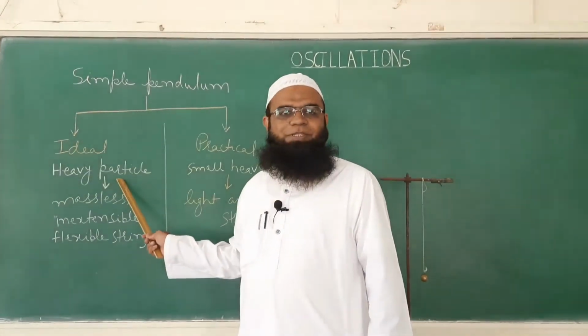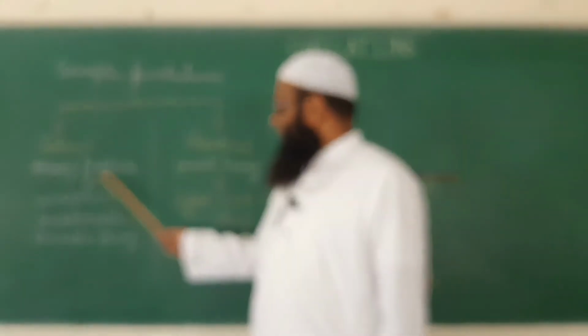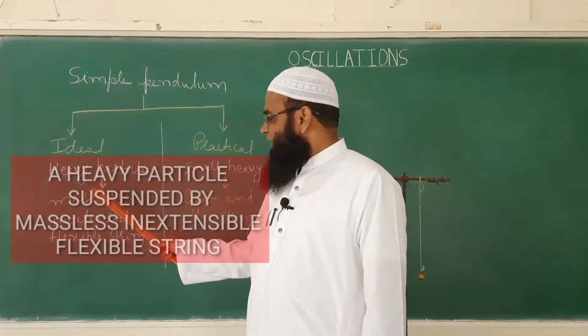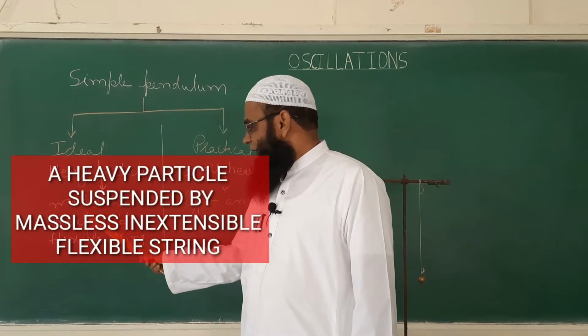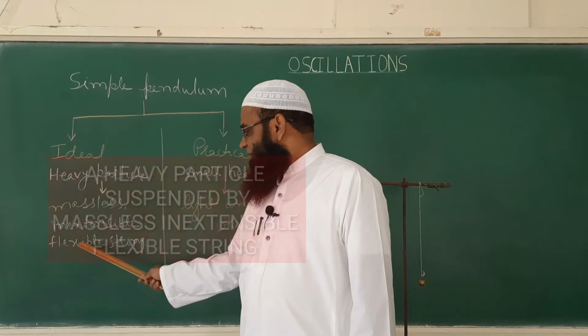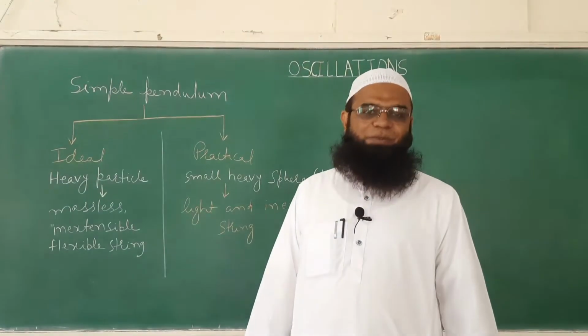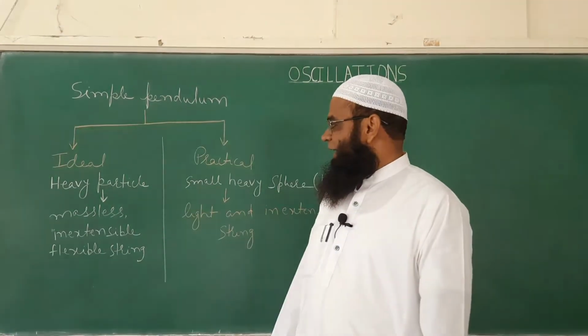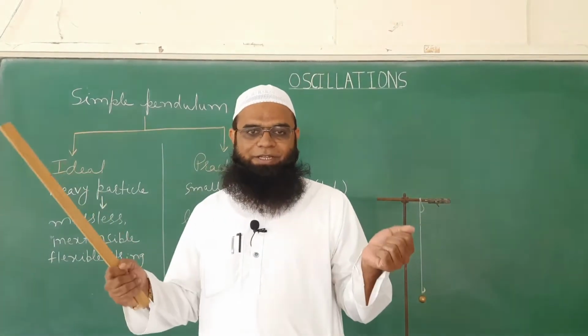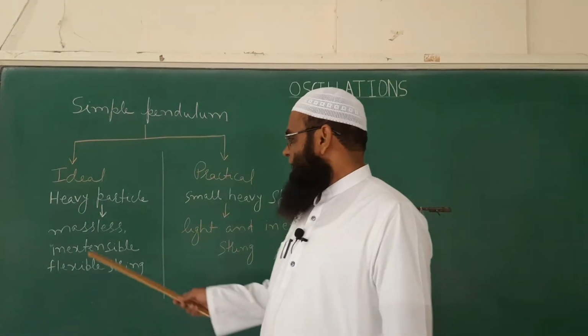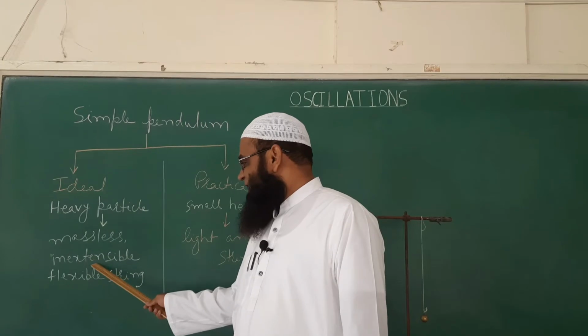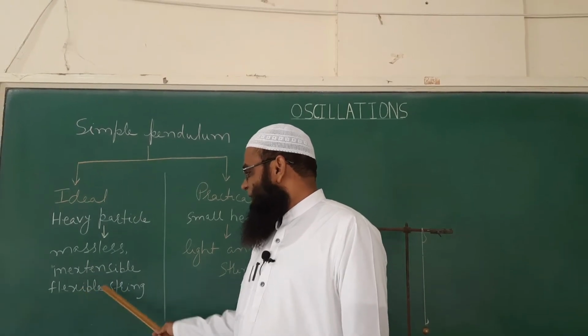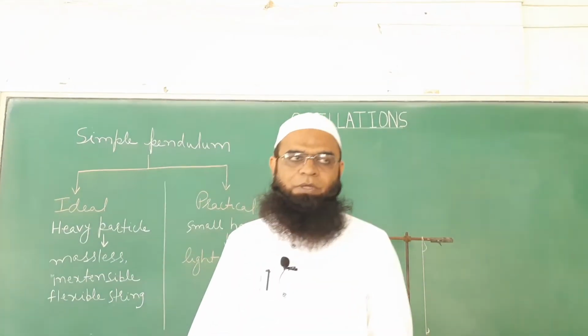An ideal simple pendulum is nothing but a heavy particle suspended by a massless, inextensible and flexible string from a rigid support. What is an ideal simple pendulum? A heavy particle suspended by a massless, inextensible and flexible string from a rigid support.